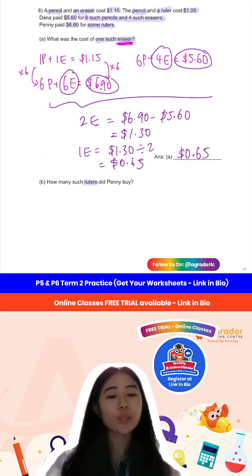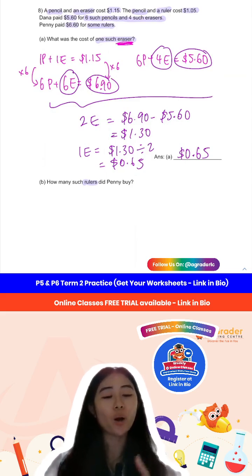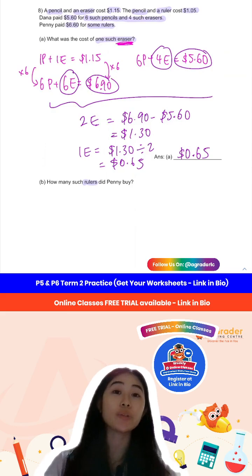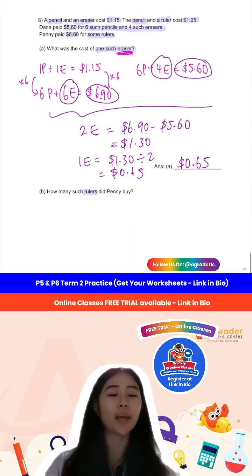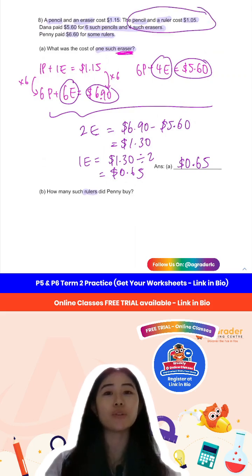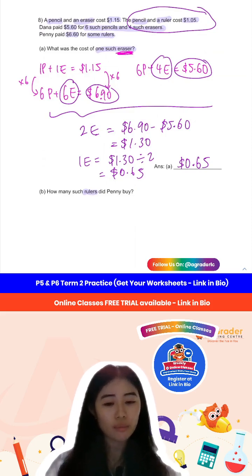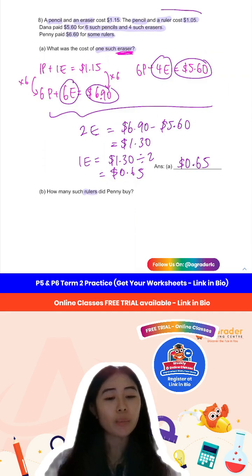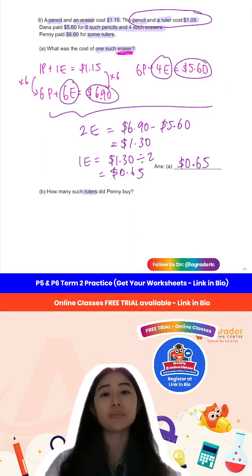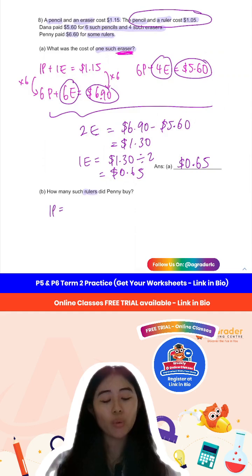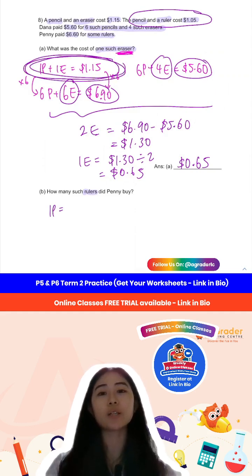Okay, so if you look at the question, there is only one piece of information that you haven't used yet, right? Which is actually the pencil and the ruler. So we have not used this piece of information yet, which means we need to use it in part B. Okay, but before I can use this equation, I need to find out what one pencil is first. So you are able to find out what one pencil is by looking at this equation here that I'm circling.